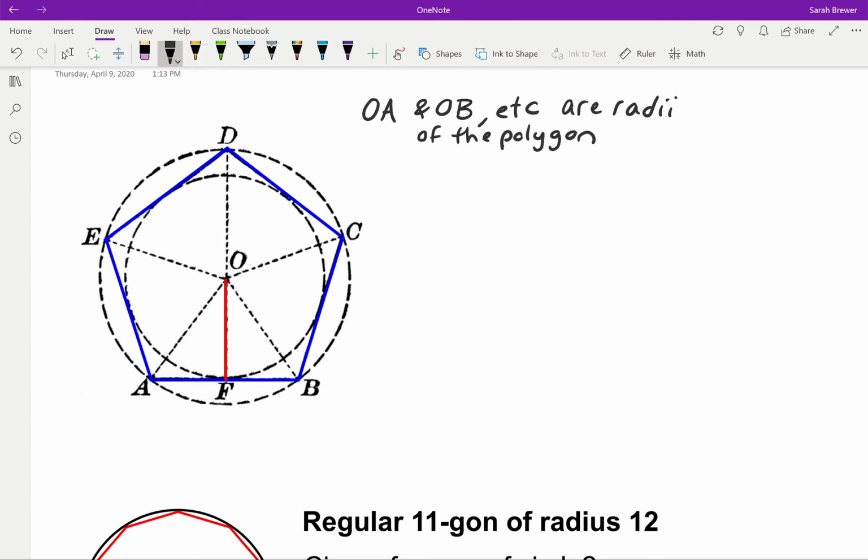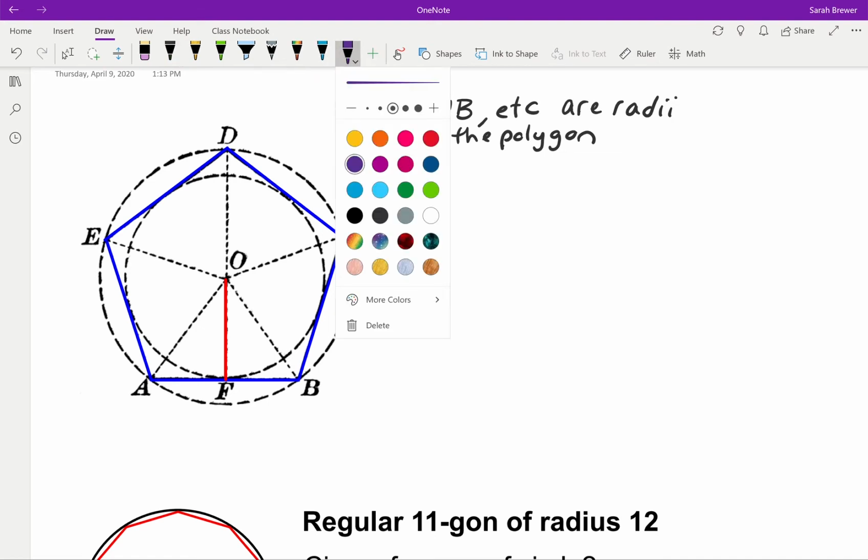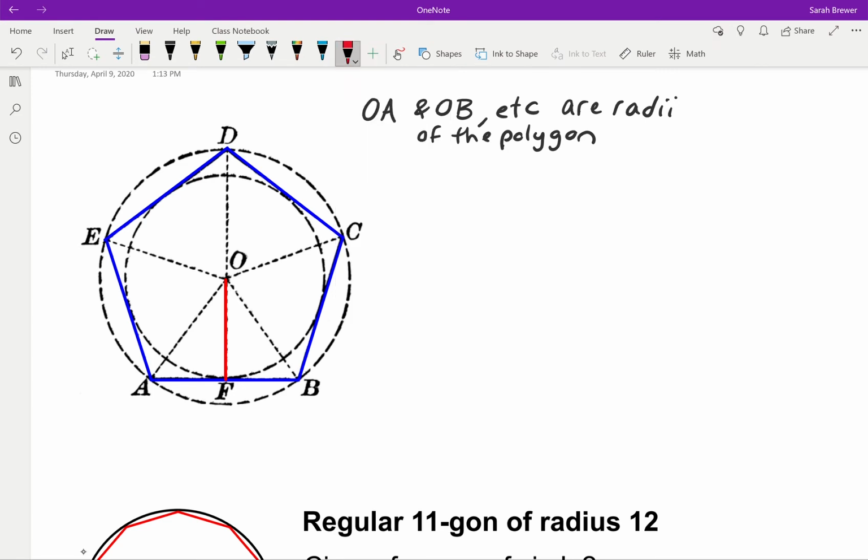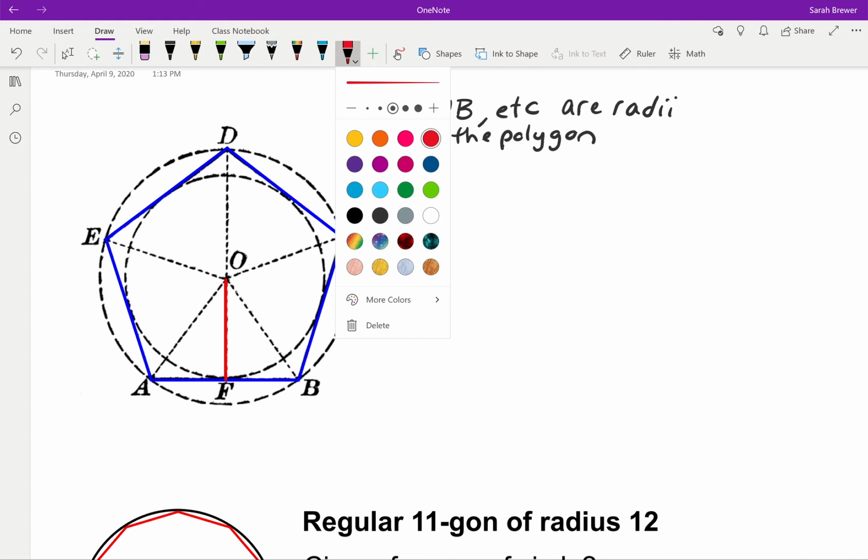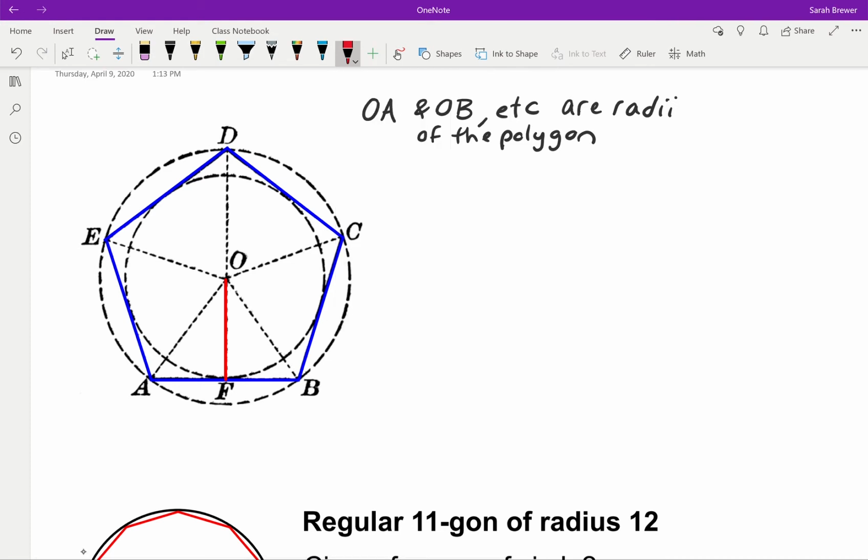These segments, we could draw a couple more of them if we wanted to. Let's maybe switch this to red. So we could draw a few more of these. So these, like OF, and this one that I just drew, where we draw from the center of the polygon perpendicularly to the midpoint of the side, that's what we call an apothem.